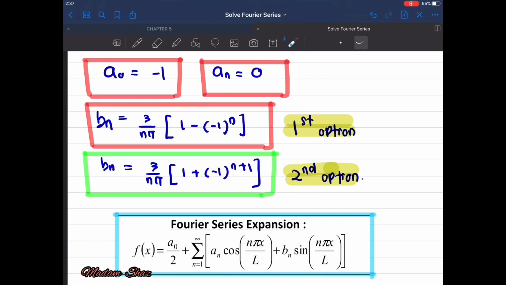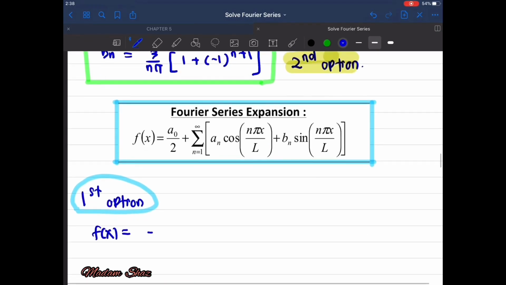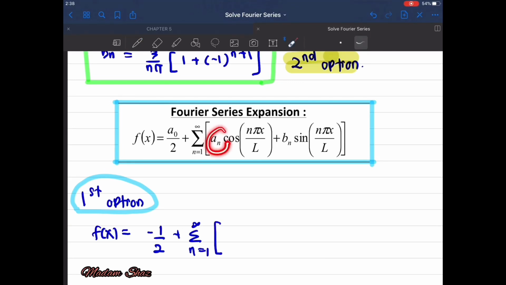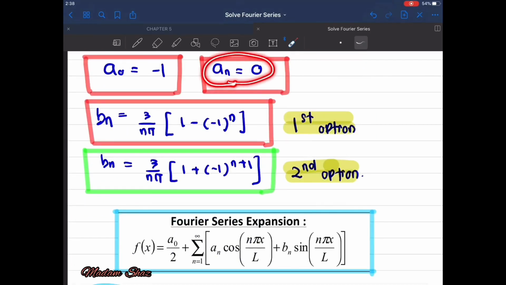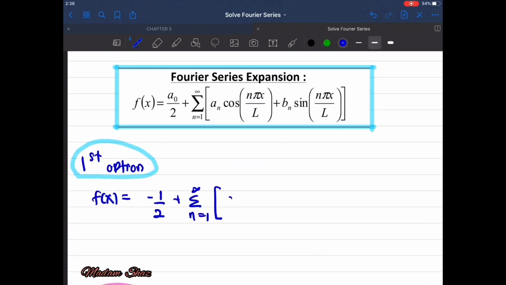So the Fourier series expansion for the first option: a naught over 2, where a naught becomes negative 1, so negative 1 over 2 plus summation n equal to 1 until infinity, in this big bracket. For a_n, we substitute a_n equal to 0, 0 multiplied with the cos of n pi x over 1, whereby our L is equal to 1, plus b_n.